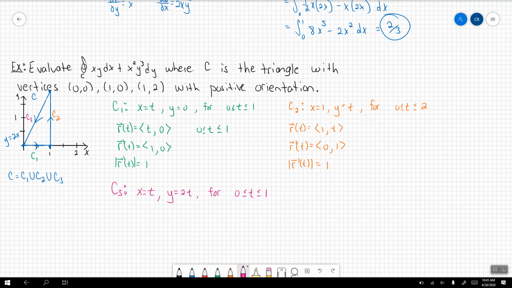Now, we've got to be very, very careful here. I want you to analyze what type of orientation curve number 3 has. My parameter t is increasing from 0 to 1, so what are my points doing? At 0, they're at 0, 0.